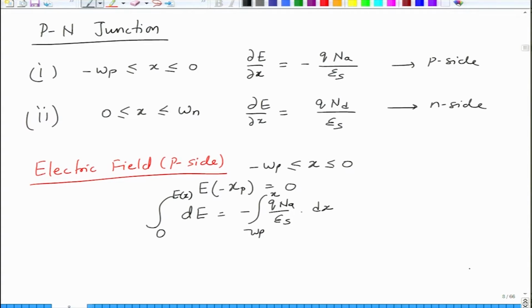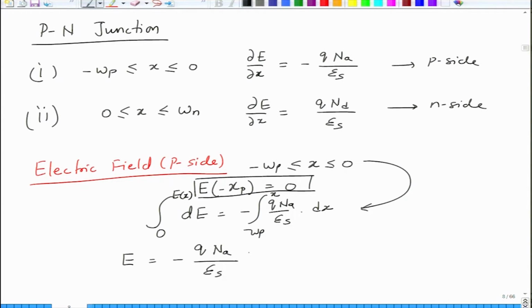So, when we do that, we have E as minus of, so this condition we know that electric field at minus xp is equal to 0, because at the end of the semiconductor the bands are flat, as a result there is no electric field there, but we are interested in calculating the electric field in this region. So, in that sense it is not a boundary condition. So, it is minus Q Na divided by epsilon S integrate.